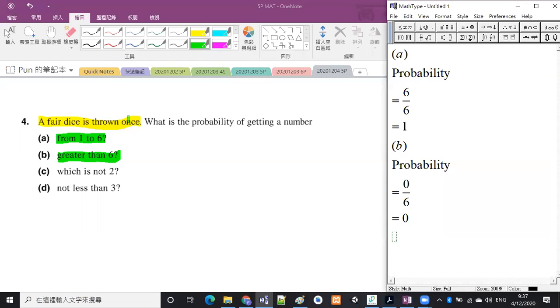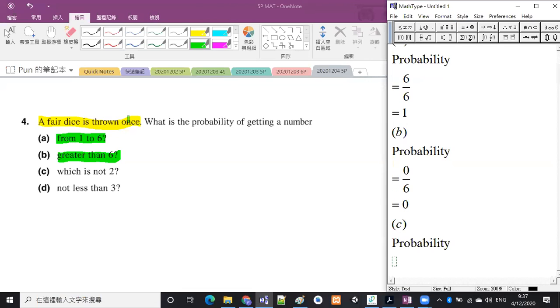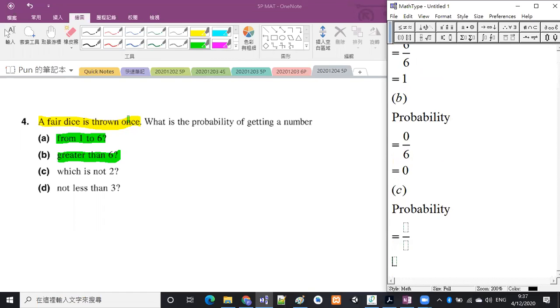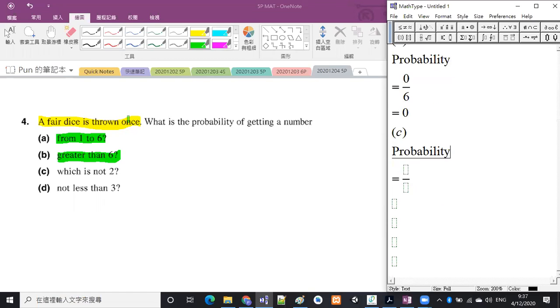All right, and then in part C, the probability is equal to a fraction. And the denominator is still equal to 6 because we are still throwing the same dice. Okay, and then the numerator is depending on what the requirement is.